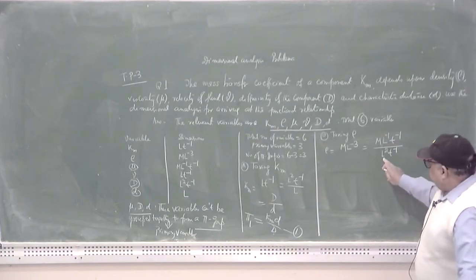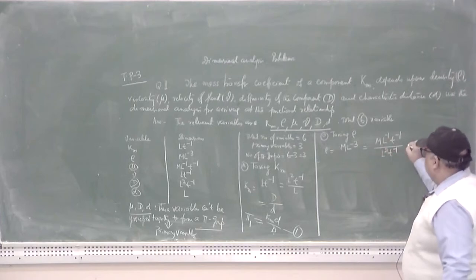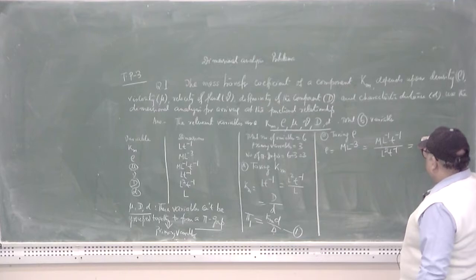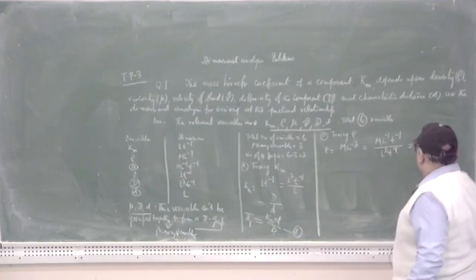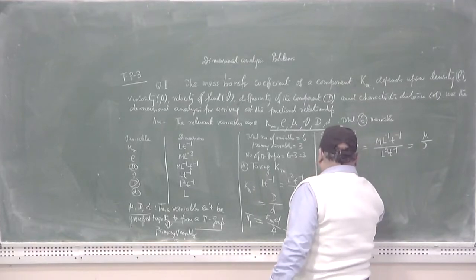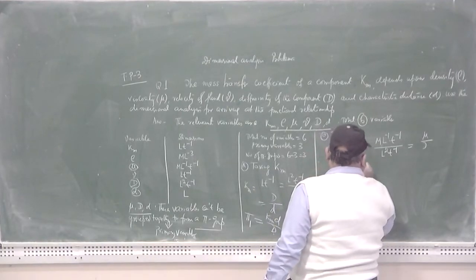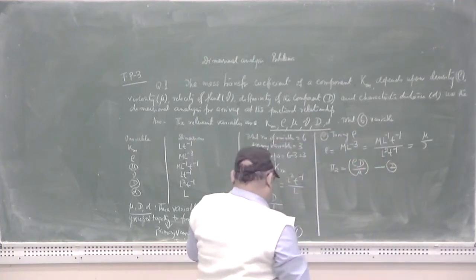This M L raised to the power minus 1 t raised to the power minus 1 stands for the dimension of mu, and the denominator is the diffusivity. So the second pi group associated with this problem should be rho D divided by mu. Let it be number 2.